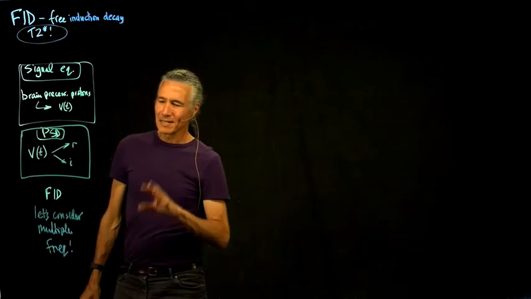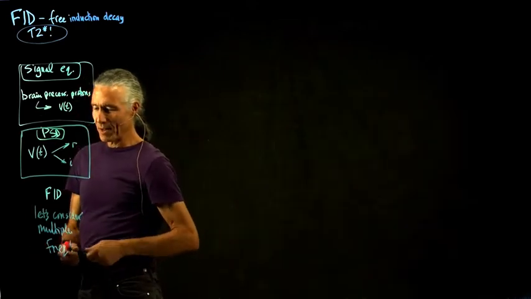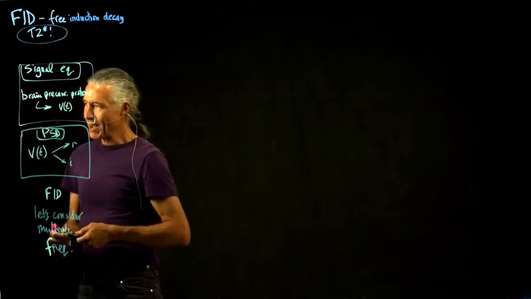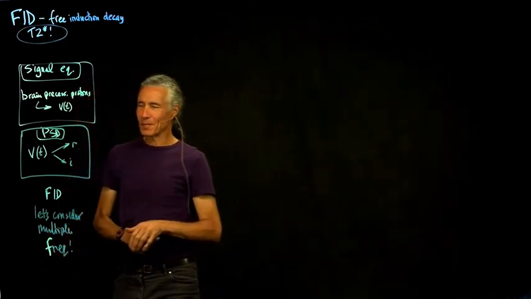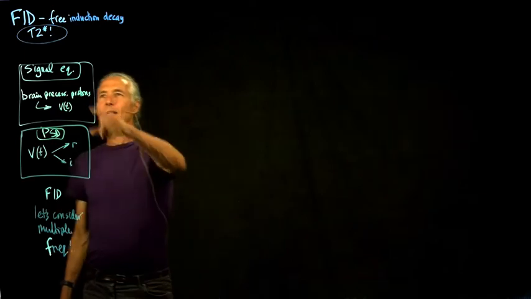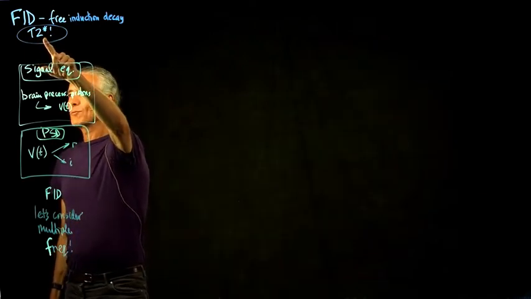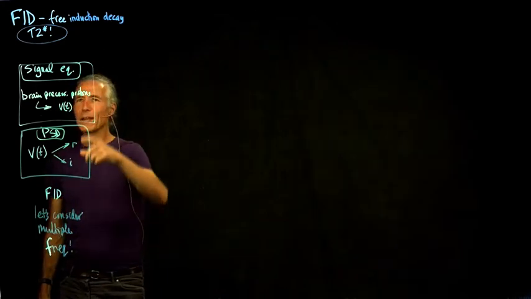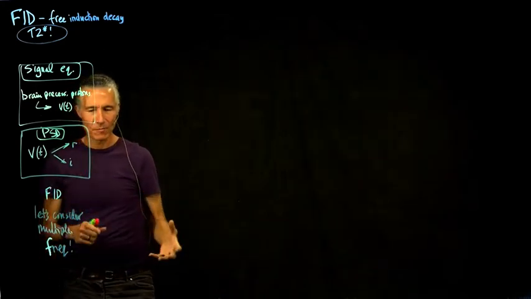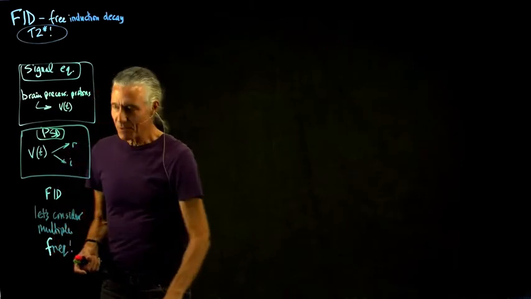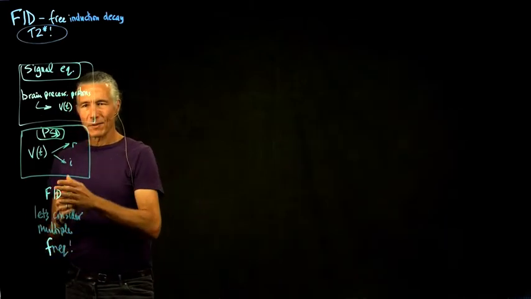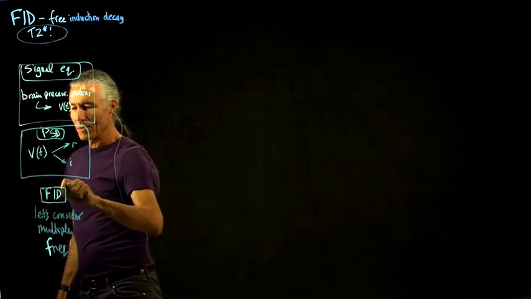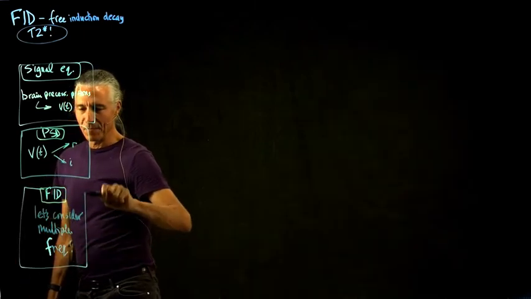It's going to mess you up when you try to think about how the signal arises. But now we're going to actually pay attention to them for a little bit to try to understand the difference between T2 and T2 star. In order to understand that difference, we have to consider multiple frequencies. And there's always multiple frequencies, because the magnetic field is never completely uniform across the brain.